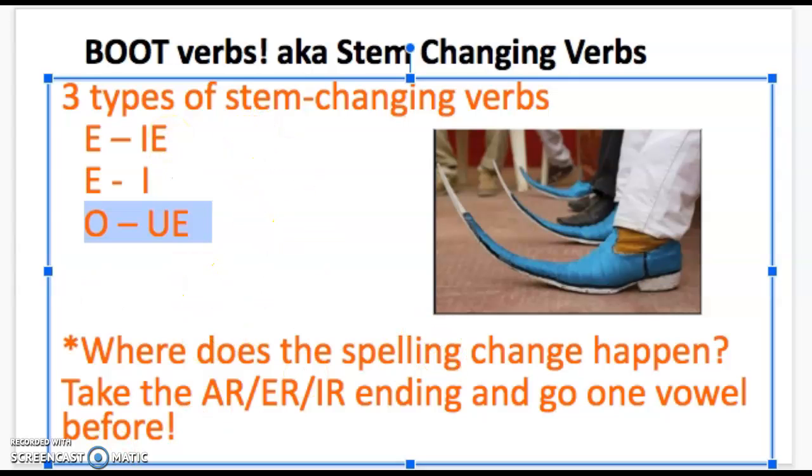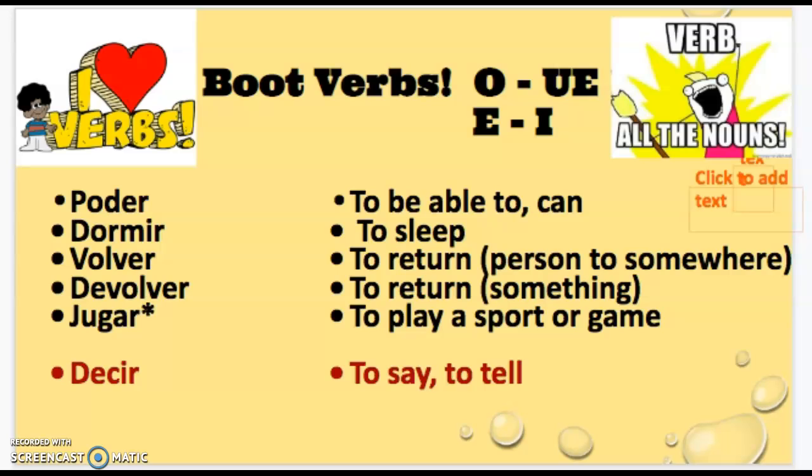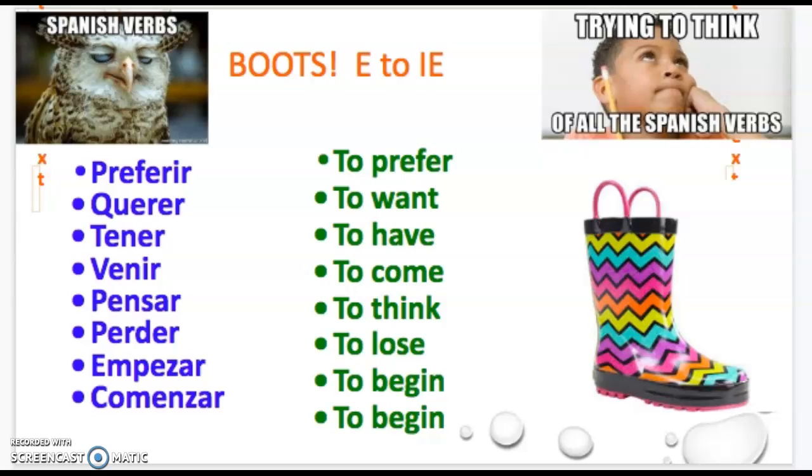So in class, we went over the different verbs that are E to IE. This is in your packet. And O to UE, and E to I. So when you do your spelling change in the conjugation, it's pretty easy to determine which letter is going to change.